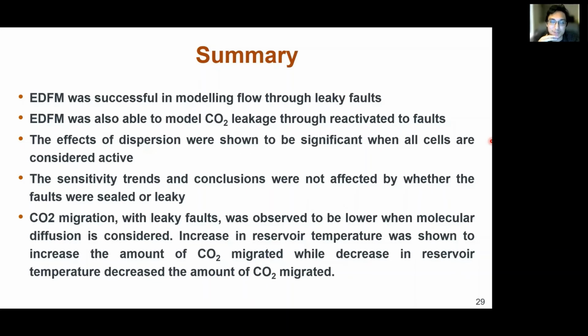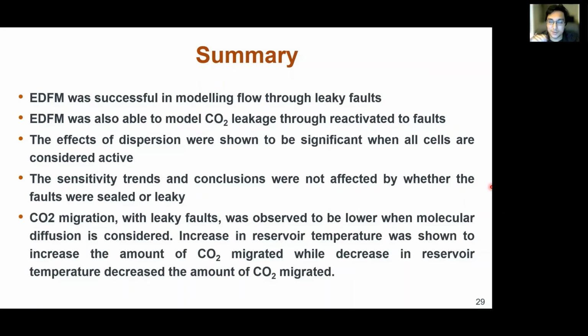We can also see that the effects of the molecular diffusion were very significant, especially when we consider all cells to be active, even the low permeability regions. The sensitivity trends were not affected whether the faults are sealed or not.